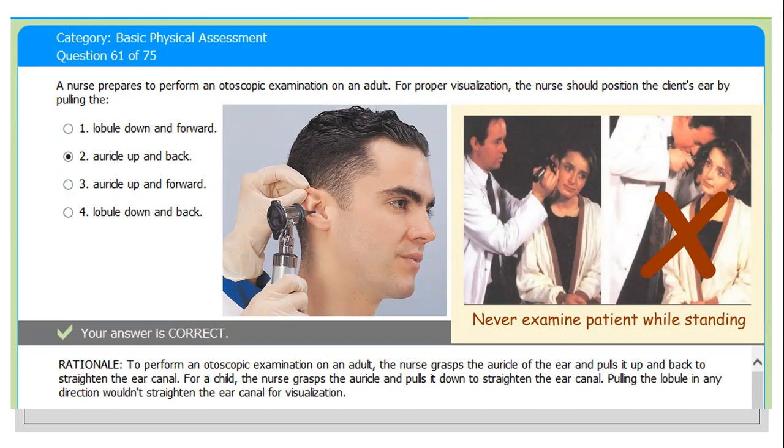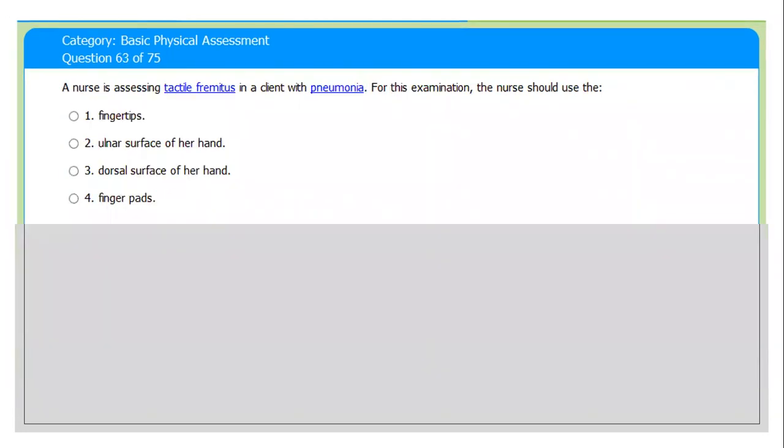Next question here. A nurse is assessing tactile fremitus in a client with pneumonia.